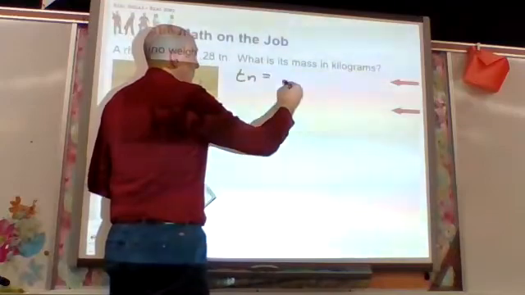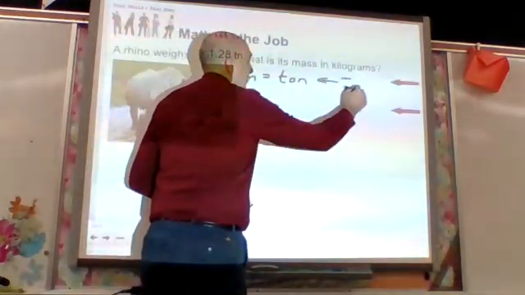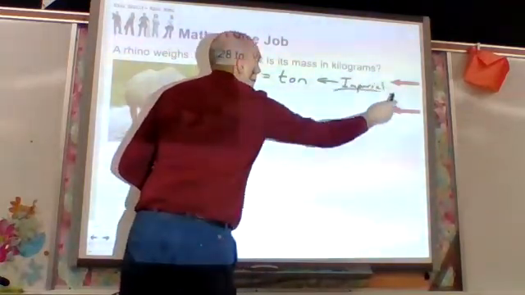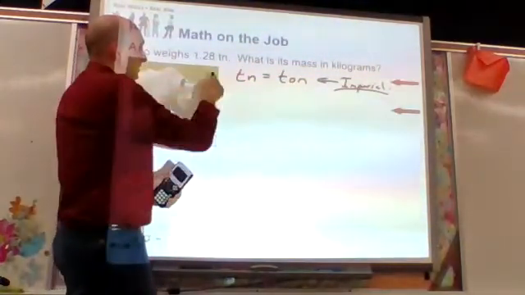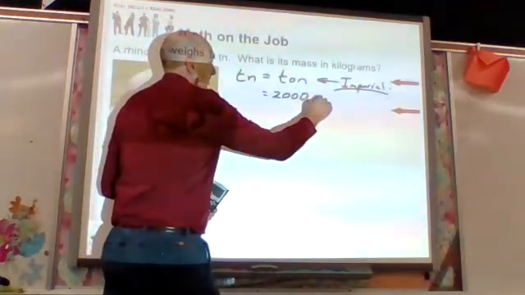TN equals ton. This is imperial. So 1 ton, like this, equals 2,000 pounds.